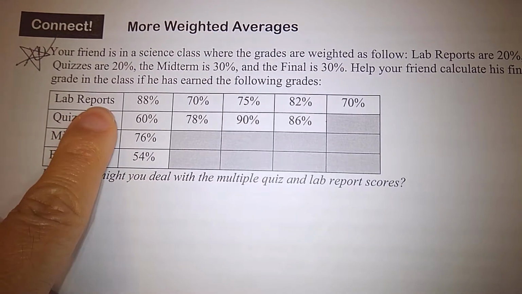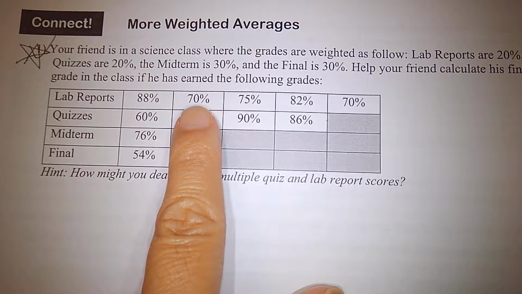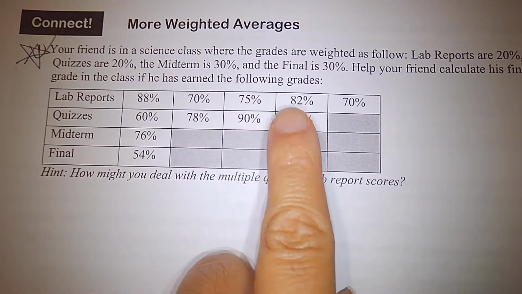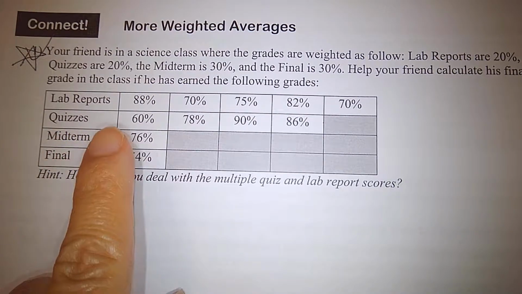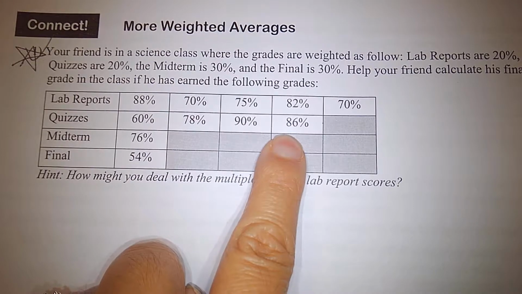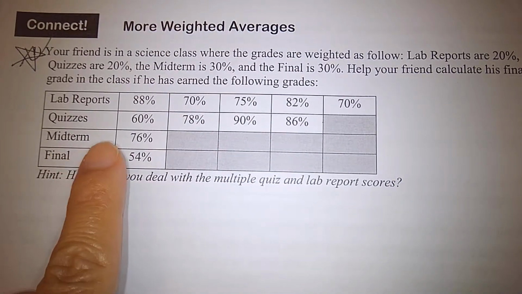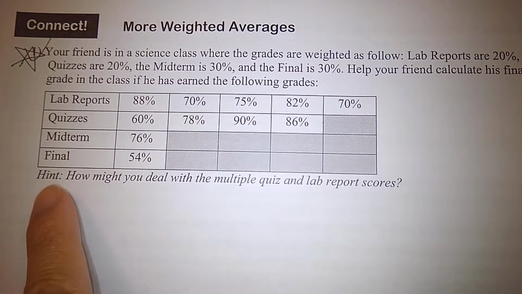Lab reports: 88%, 70%, 75%, 82%, and 70%. Quizzes: 60%, 78%, 90%, and 86%. Midterm is 76%, and his final is 54%.